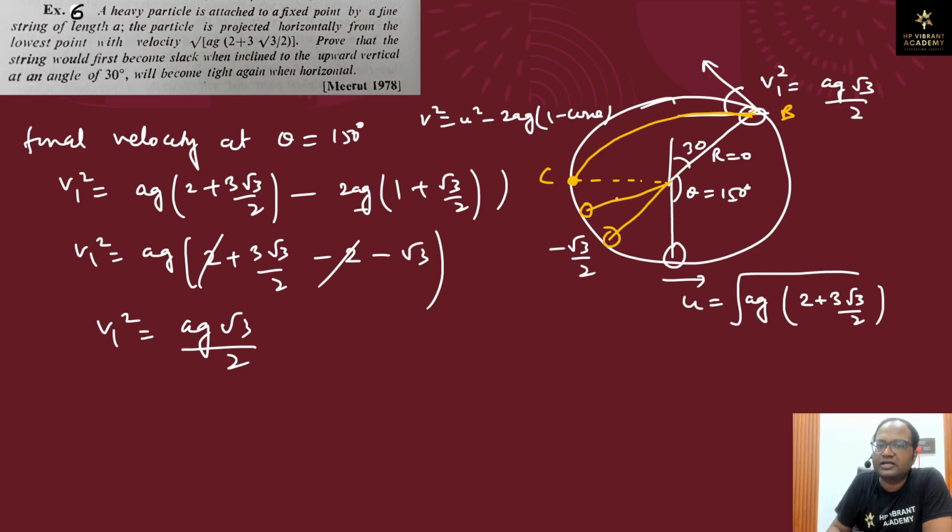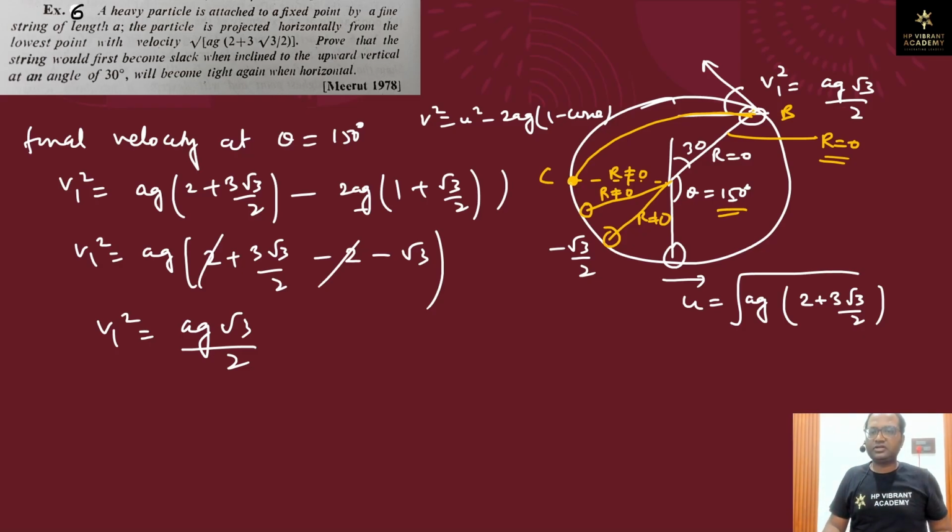It will become taut again because R is not equal to 0 there, but here R is equal to 0. Because at an angle of 150 degrees it becomes slack, because the reaction is 0 here.